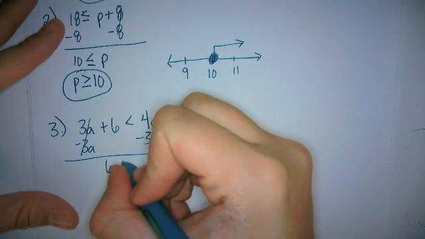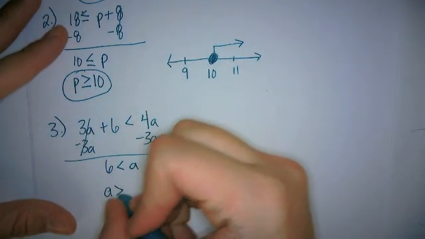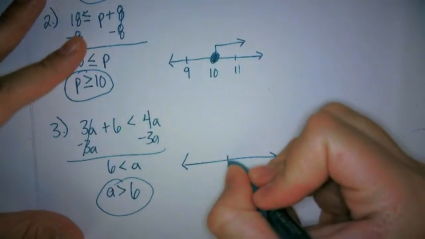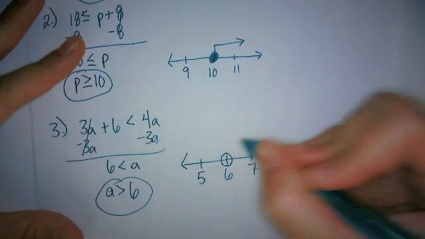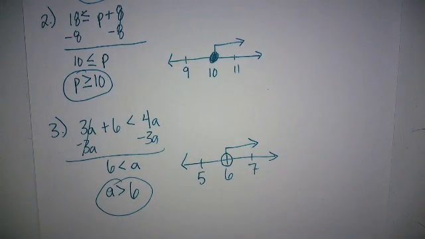To get 6 is less than a. So then I would just have to write it as a is greater than 6. That would be my answer. And then on my number line, I would do 6, 7, and 5. Open circle this time because it's not including, and then again to the right.